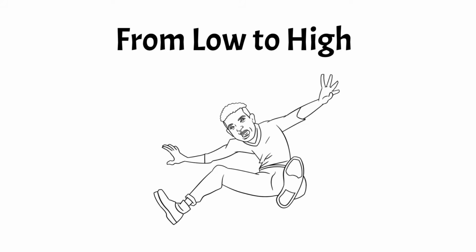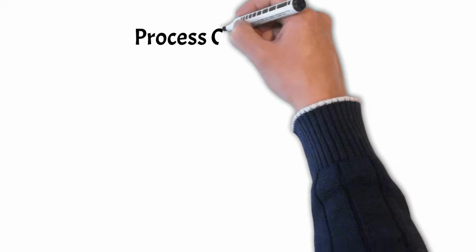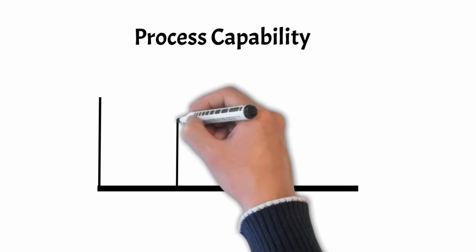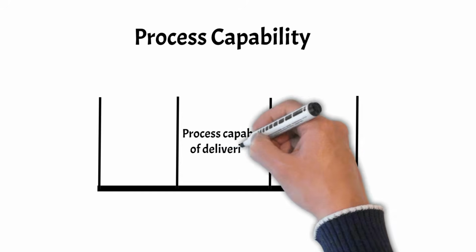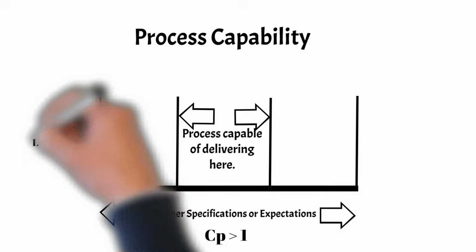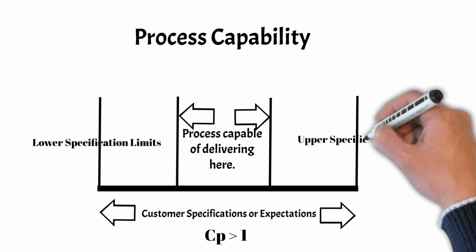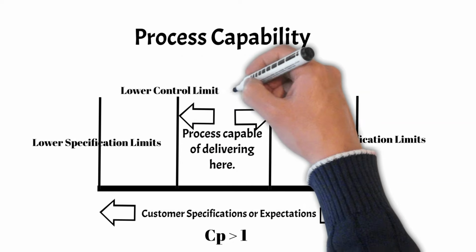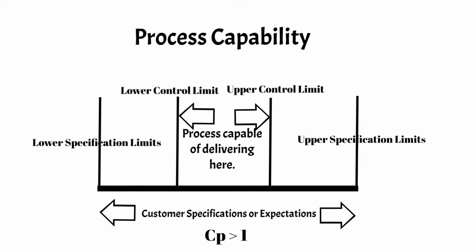In Six Sigma, there is a formal way to express process capability. Process capability, CP, measures how close a process is running to its specification limits relative to its natural variability. These specification limits reflect customer expectations, which are compared to the natural variability associated with delivering customer results.